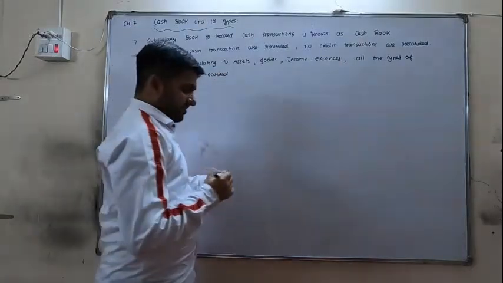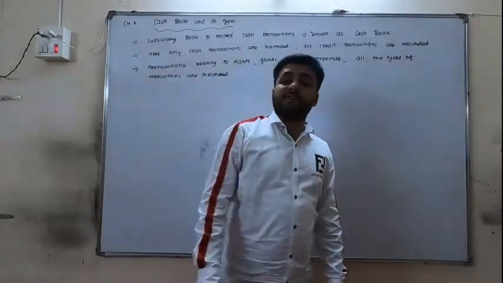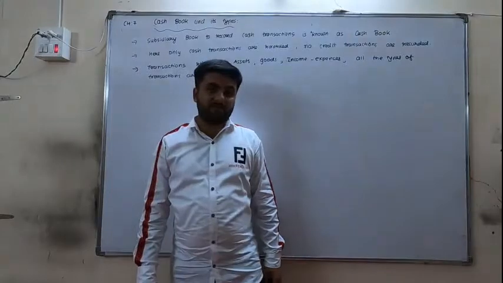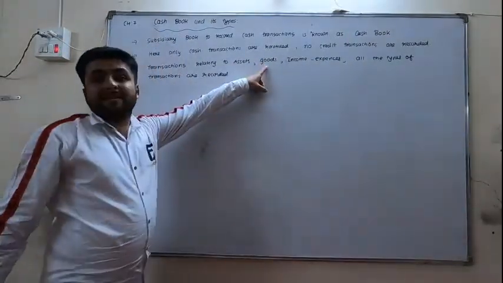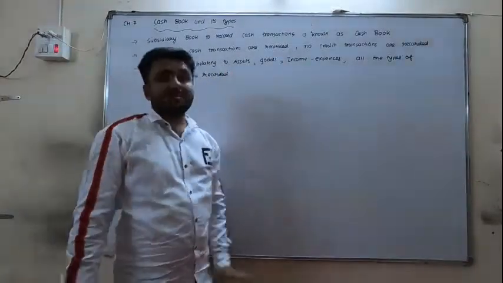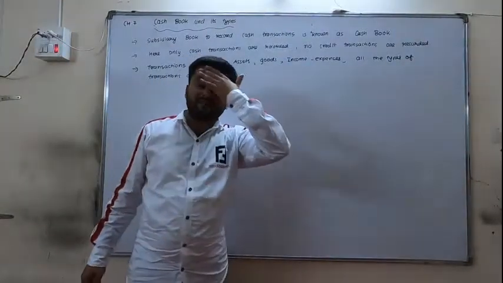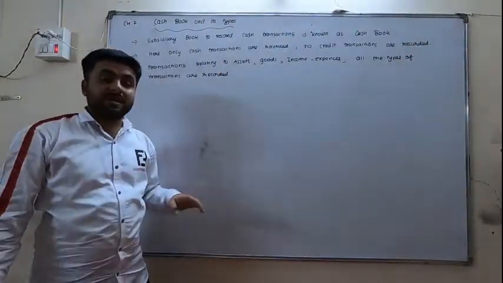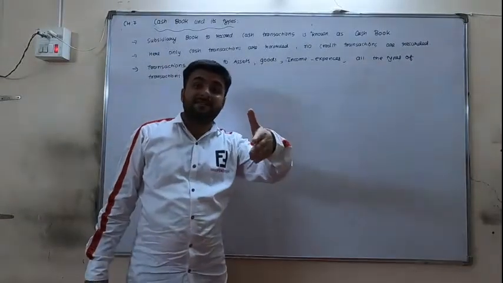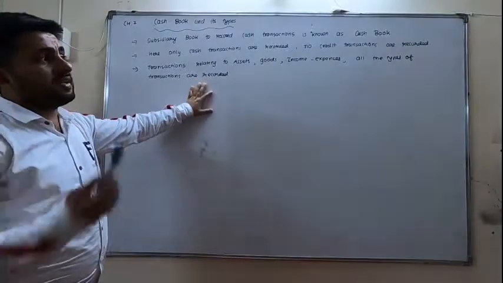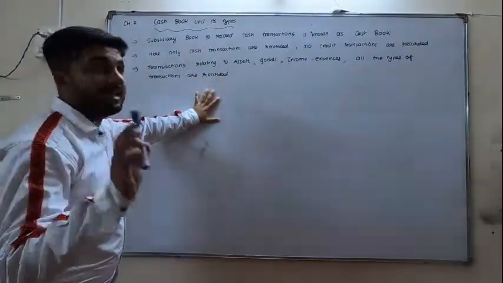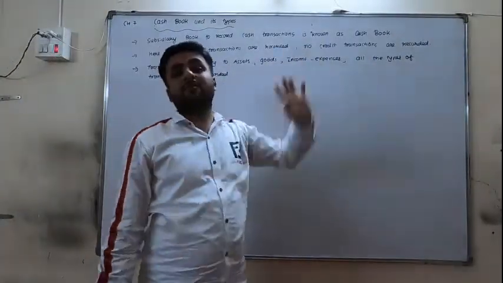See, in the subsidiary books where we have purchase book, sales book, purchase returns book and sales return books, there we can record only transactions related to goods, means for assets and incomes and expenses we were not recording. See, if we are purchasing an asset, then we are not recording. If we are incurring any expense, then I said we will write in journal proper. So in this cash book we can write all the types of transactions, but they are compulsory to be cash, they cannot be credit.